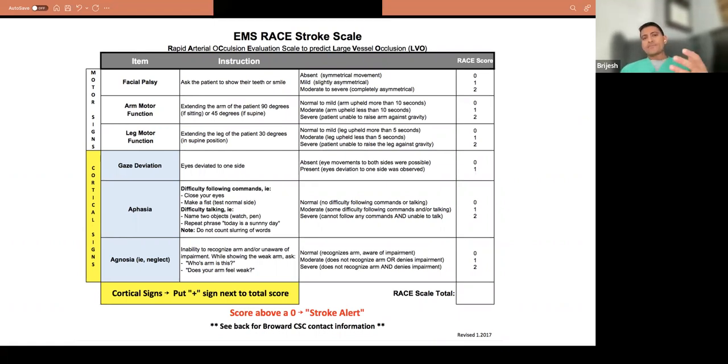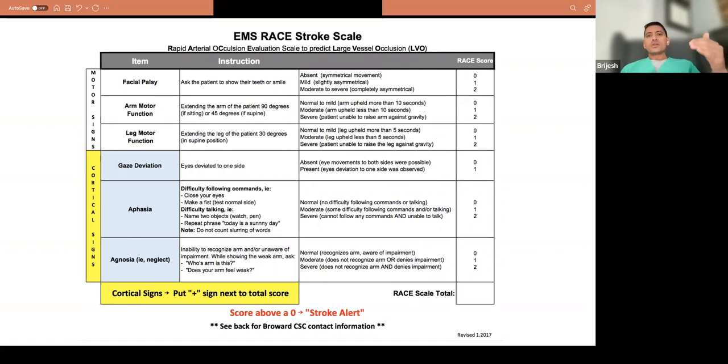And then you start your RACE assessment. And you basically first observe the patient from the foot of the bed, once you have them on the stretcher, and you're saying, okay, is the patient looking primarily to the left or to the right? And that's going to determine how you start your assessment. So let's say they have a gaze to the left and their head is turned all the way to the left.